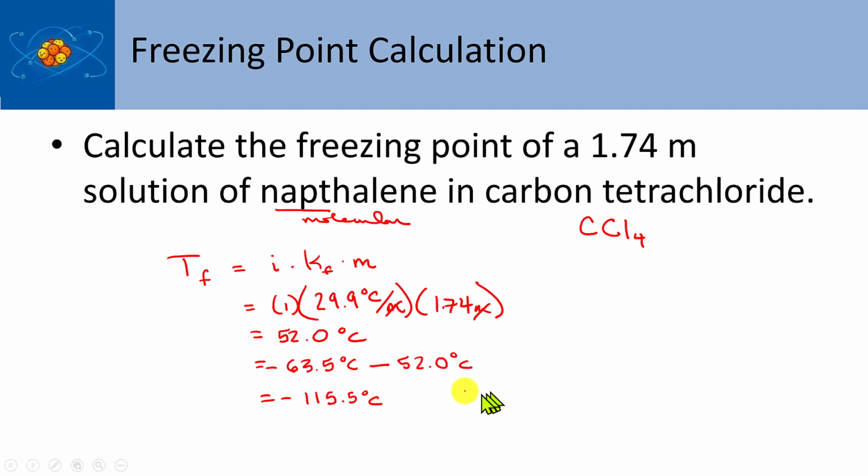So in order to calculate the freezing point, always remember it's a depression. You take the freezing point depression and subtract it off of the normal freezing point to get the depressed freezing point. Hopefully I said that right. So this is your new freezing point for that solution.